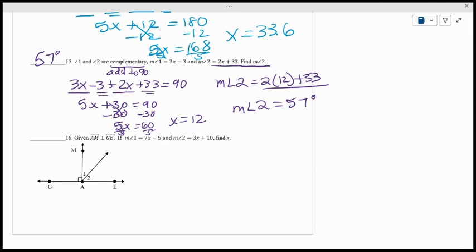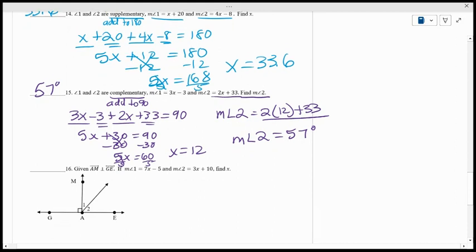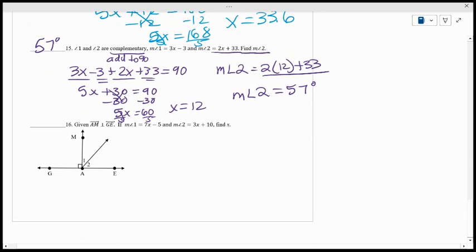Number 16, last question. Oh no, isn't this the last one? Or my numbers are wrong. Last question here. Given AM is perpendicular, this symbol means perpendicular. That means it makes right angles.